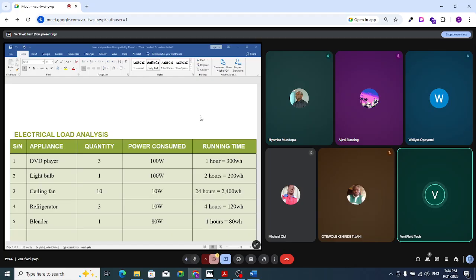As he has invited us, we have asked him his energy requirement, his energy need, and he is telling us he wants to power up his DVD player, his light bulb, his ceiling fan, his refrigerator, and his blender.